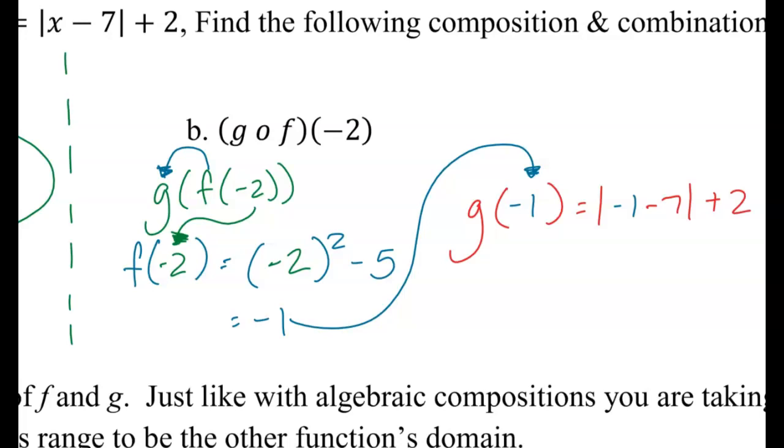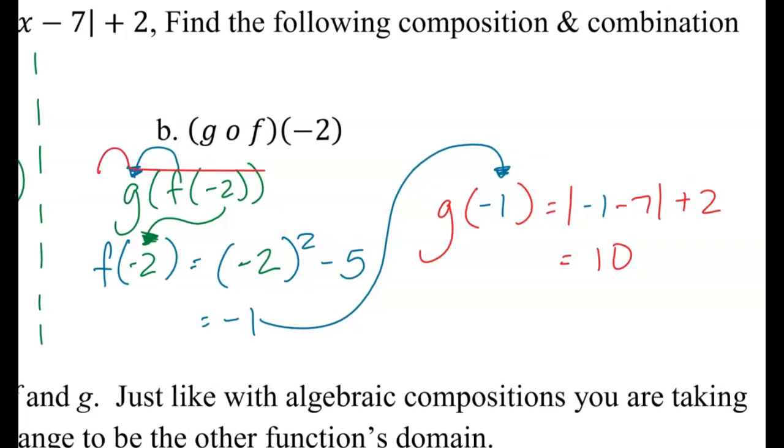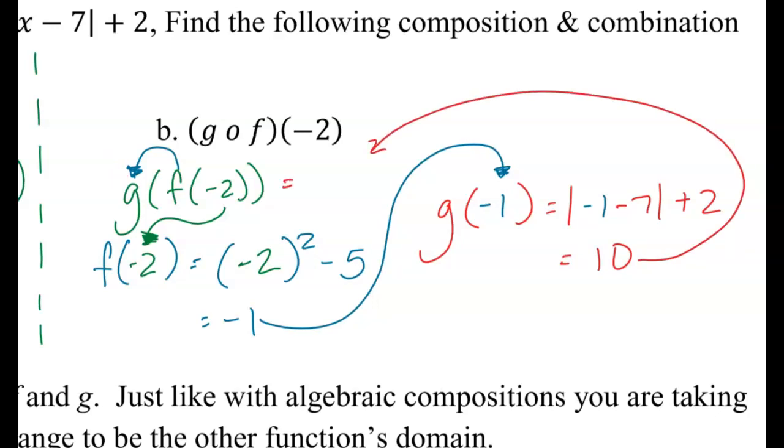But the absolute value of negative 8, which is just 8, plus 2 is 10. And then there are no letters in front of g, meaning I am done. That is my final answer. g of f of negative 2 is 10. Done.